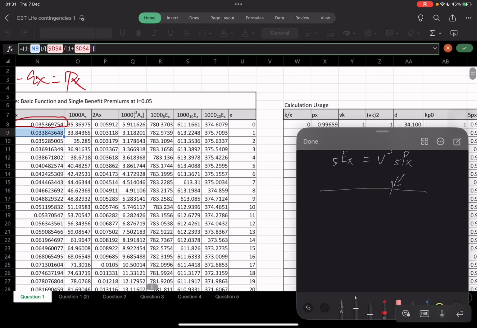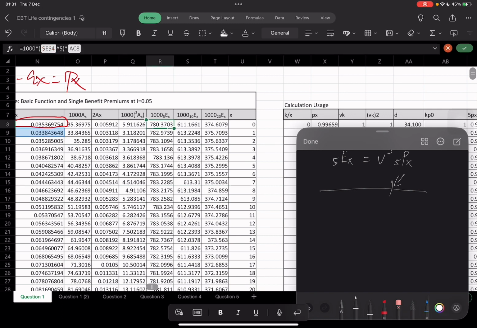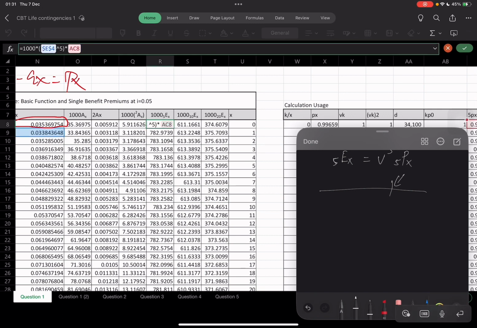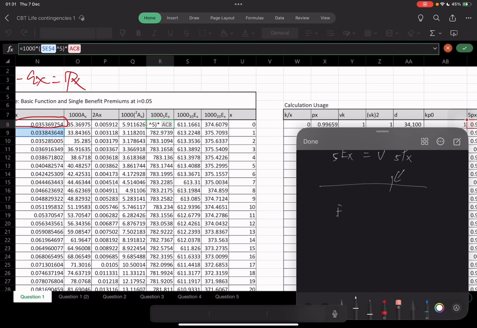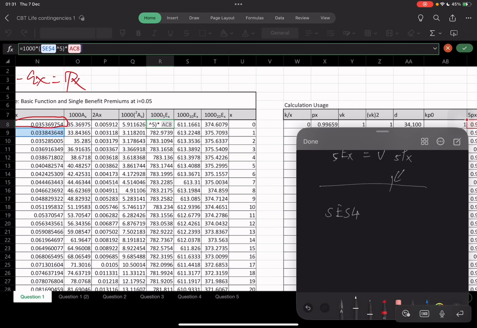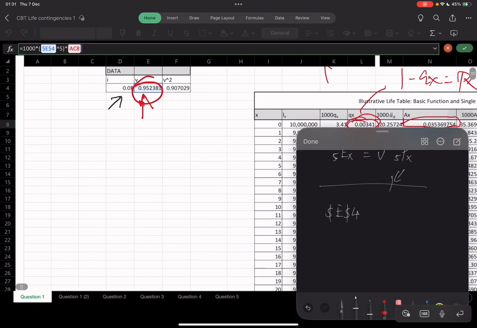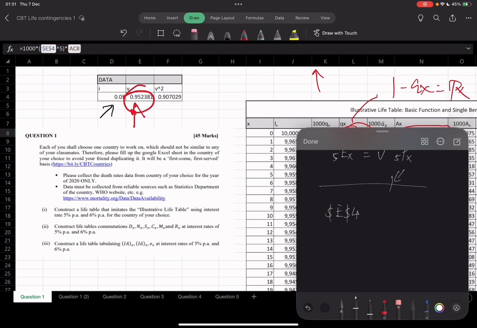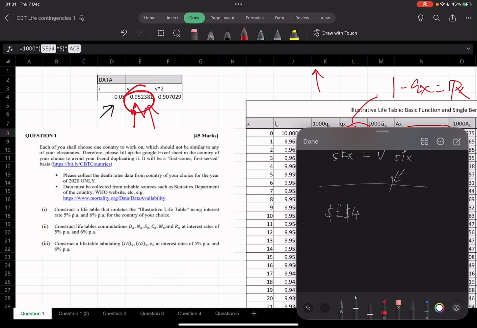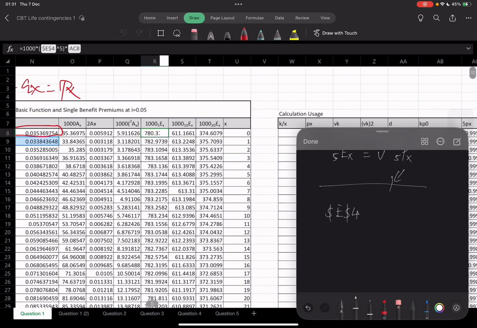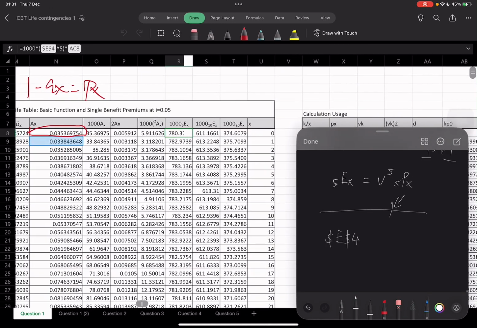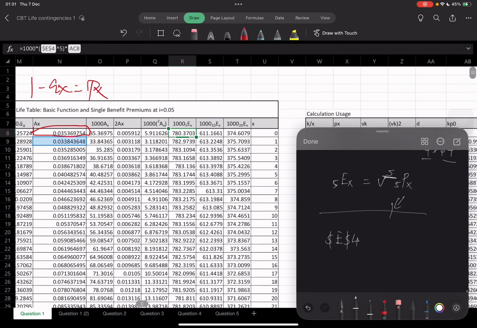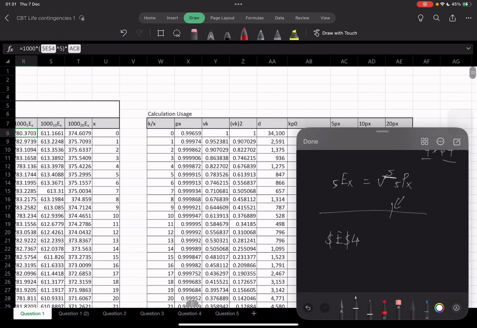For pure endowment, we have E4, which is V to the power of 5, and then 5px.